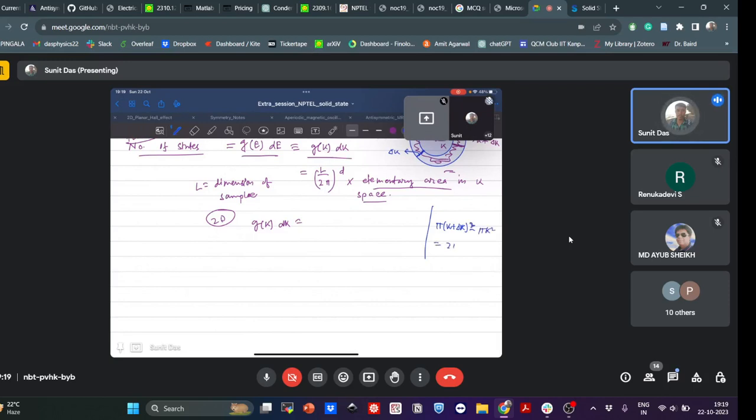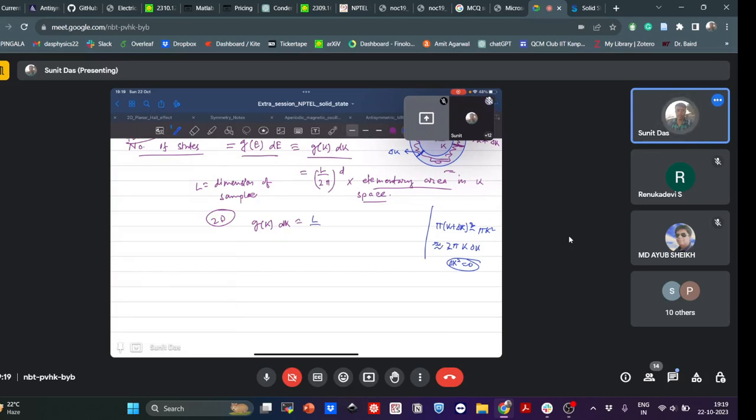Now we find this will be 2πkΔk when we ignore Δk² equal to 0. Delta k is already very small, so delta k square will be even smaller. So this will be around 2πkΔk.